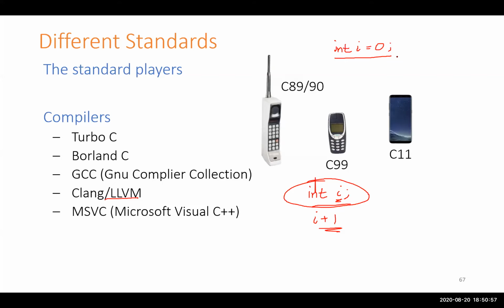Now, why is it important? I think GCC may be the one that initializes to 0 for you. So if you are using Windows at home and you forget to initialize your variables, GCC will assign some default value like 0 to them. Then you write your program, you run it, and everything is okay. Then you go and submit on Cosmology, which I think runs Clang LLVM or some Linux compiler.